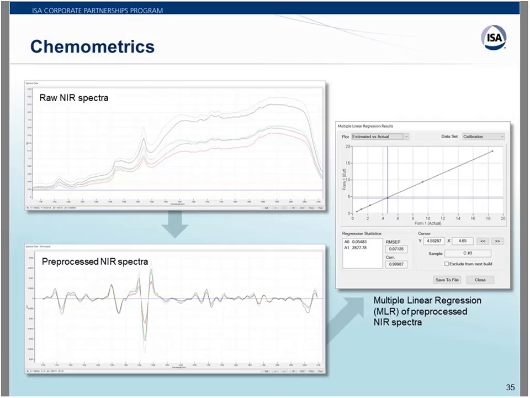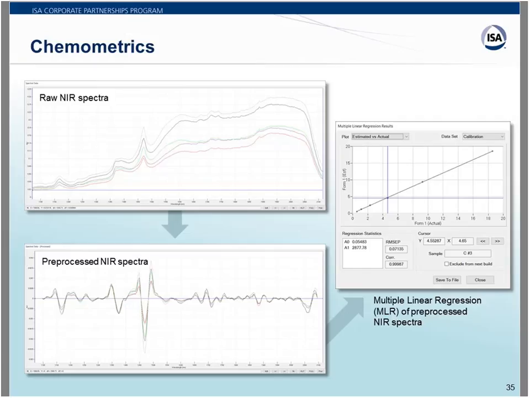However, as I mentioned a couple of minutes back, these spectra can be treated mathematically to convert them into valuable and reasonable results. As an example, the image on the left bottom of slide 35 shows mathematically pre-processed near-infrared spectra for the results shown in the top left image of the same slide.